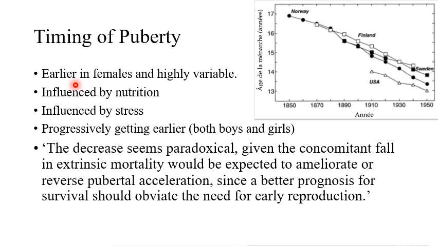If you think about it, the decrease in extrinsic mortality is coupled with just better resource allocation, better resource availability, and better social controls overall. So I could see an evolutionary selective pressure towards earlier reproduction, given that survival rates are much more likely. So I can kind of see it both ways. The book is speculating quite a bit around this, and I'm hoping we can have a discussion in class about some of these different things.